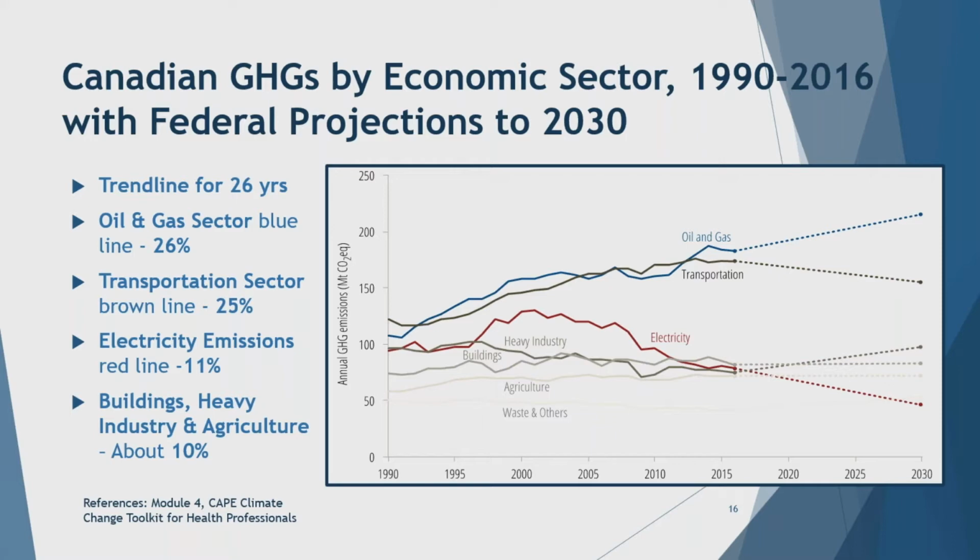And then the red line is the electricity emissions, from generating electricity across the country. That trend line is coming down because we phased out coal plants in Ontario, and we are now phasing out coal plants in Alberta. It's projected to continue doing that because we were able to get regulations from the federal government that would require the phase out of coal plants across the country.